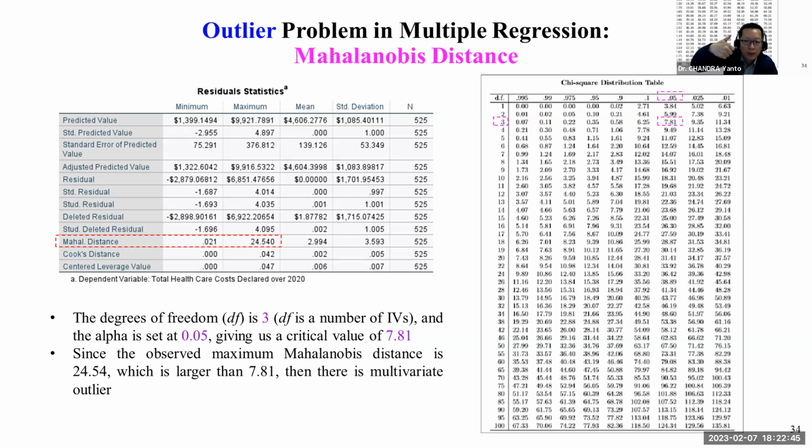Remember the consumption of alcohol, cigarette consumption, and exercise. So you have 3, and then DF of 3, and you go there, it meets at 7.81. So actually our Mahalanobis distance is 24.5, which is much bigger than the chi-square critical value of 7.81. So that means there's something serious that we need to fix.